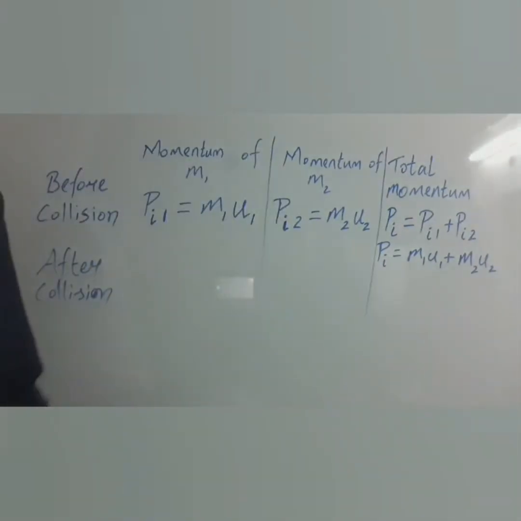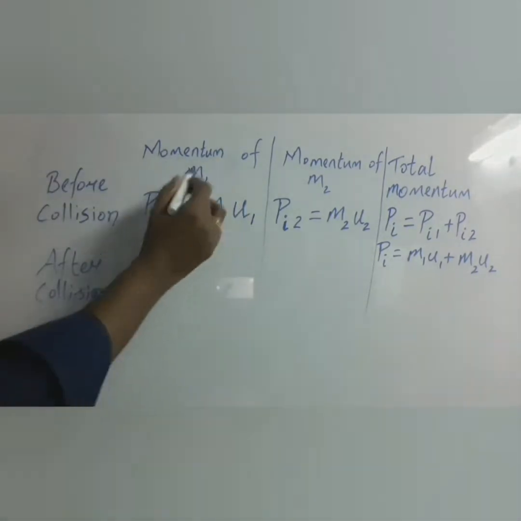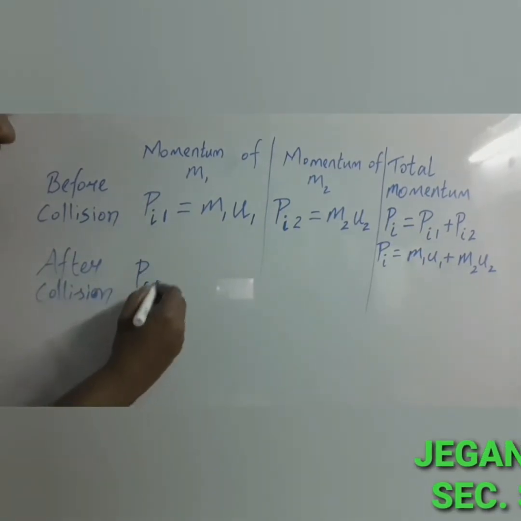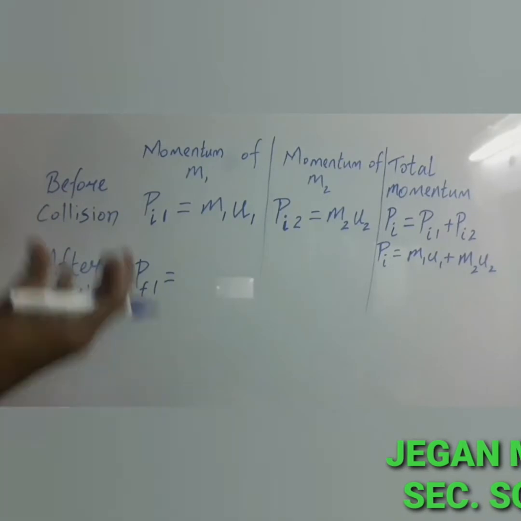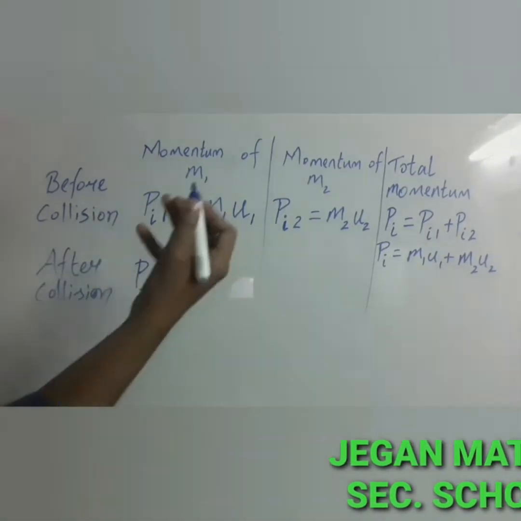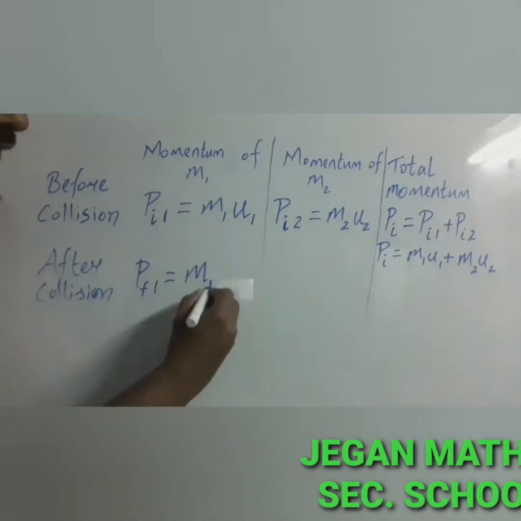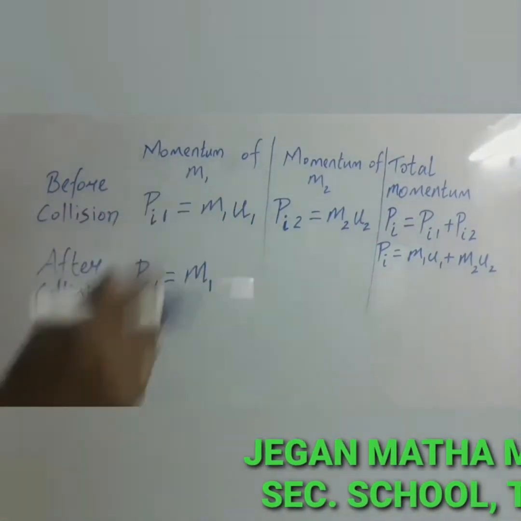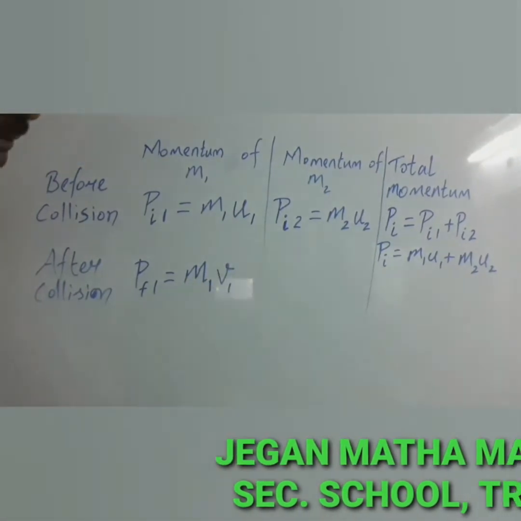Now we can write the expression for the total momentum after the collision. First we have to find the final momentum of the first object. So momentum of m1 after collision, Pf1, that is the final momentum of the first object. What is the expression? Same expression, mass into velocity. There is no change in mass, so m1. But what about the velocity? After the collision, they are moving with the final velocity, so you have to substitute v1.